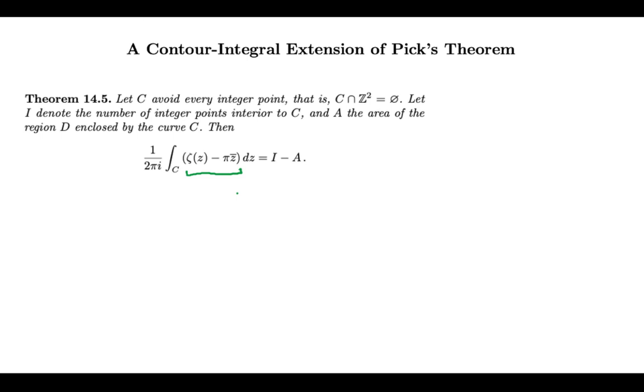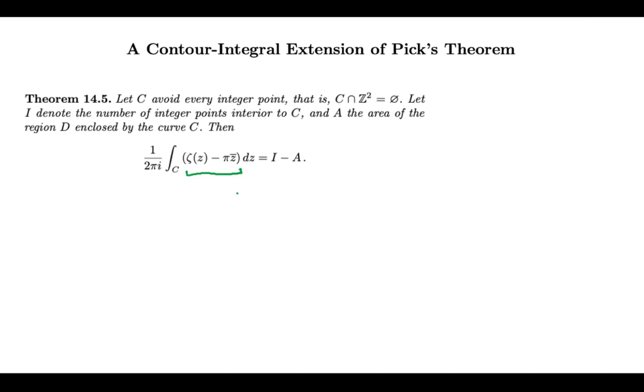So we think of this as an analytic version of Pick's theorem because we're picking up precisely the lattice point count and the area of the curve. But in some sense, this is much more general because we're not making strong assumptions about the curve C. In particular, it doesn't have to be a polygon.